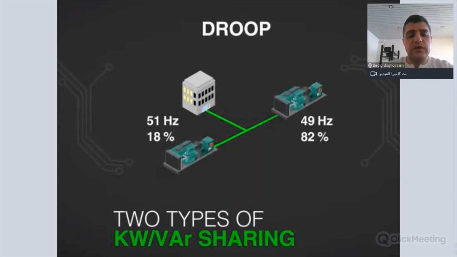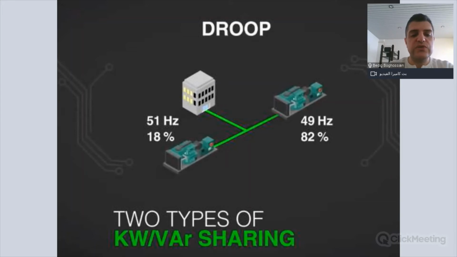The droop load share mode is also useful for other purposes, such as to parallel the DSE controller with non-DSE control generators, or maybe inverters. Suppose that you need to synchronize the generator to an inverter, and we cannot communicate with the inverter because they use totally different protocols.